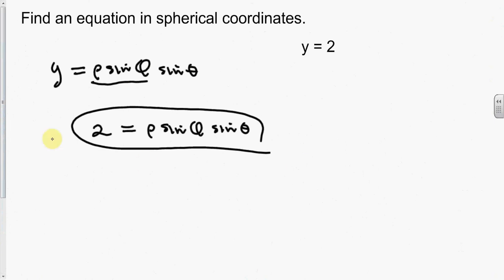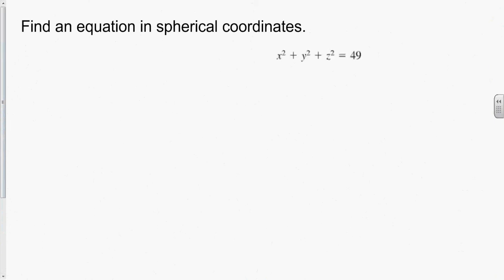Let's see. Find an equation in spherical coordinates. What do you think about that one?